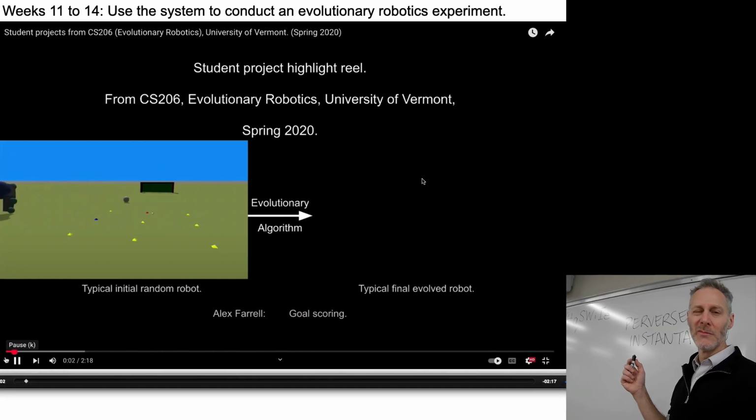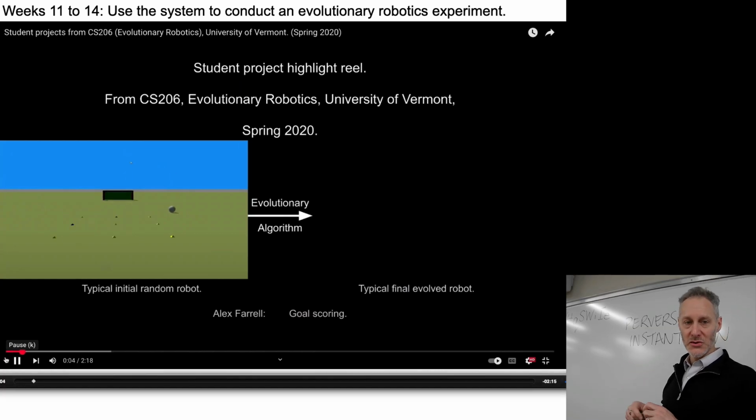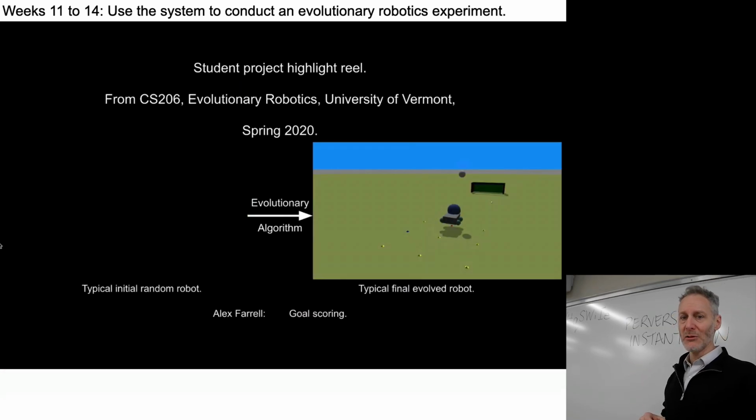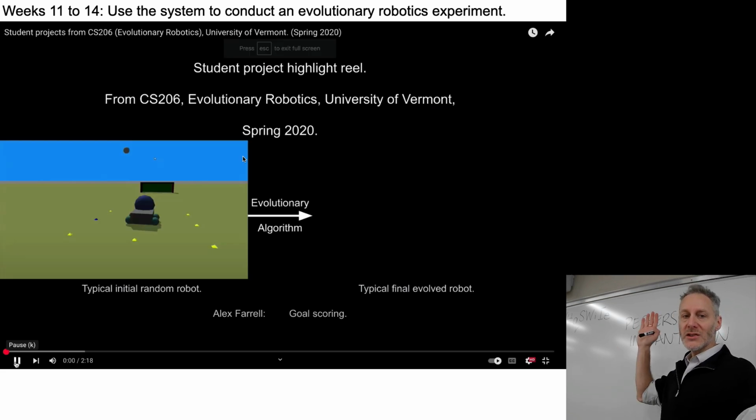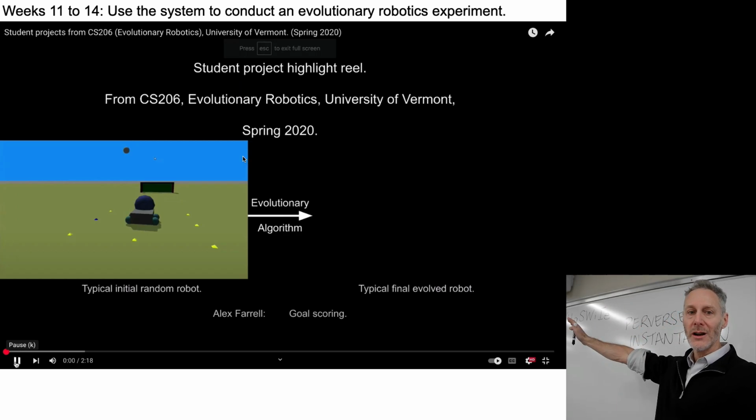This is from 5-6 years ago now, of some of the final projects from this course. Sorry, let me start this over again. You're going to see several typical projects that are possible in this class. What you're going to see in the left video is the before, and what you're going to see on the right is the after. The left is that student's robot being controlled by a random artificial neural network.